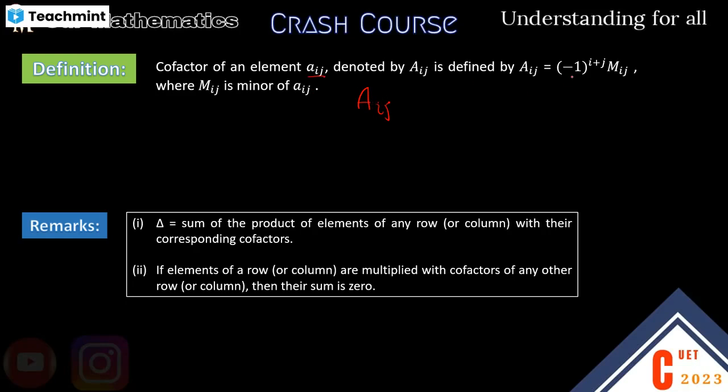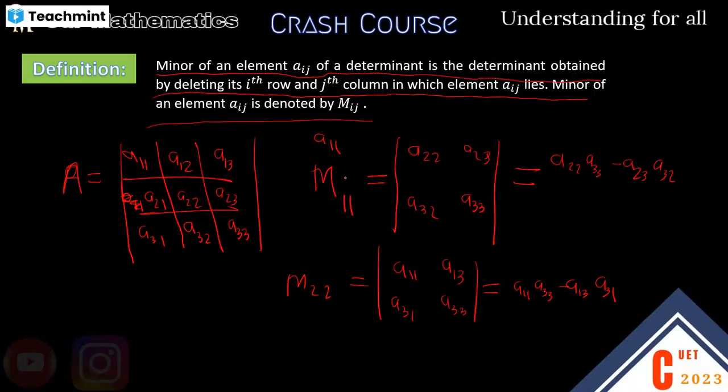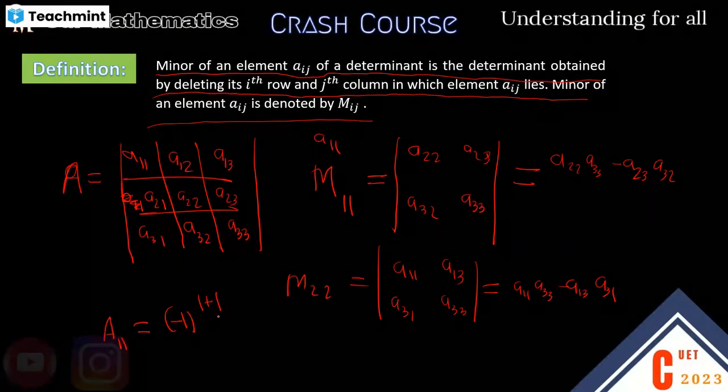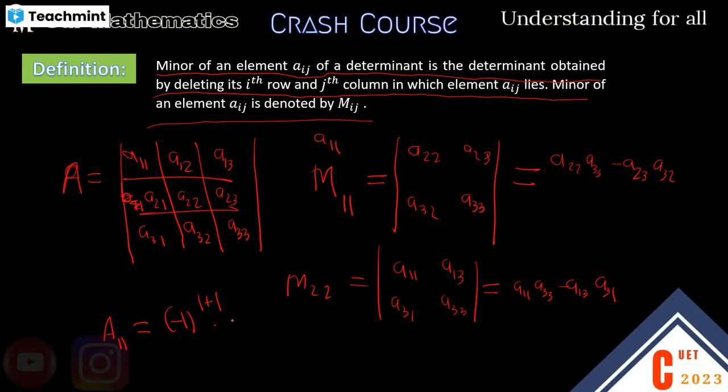It is defined by (-1) to the power i plus j, into Mij, where Mij is the minor of aij. Minor is the same thing; we just put (-1) whole to the power i plus j before it. For a11, that is (-1) to the power 1 plus 1 into the minor of a11.